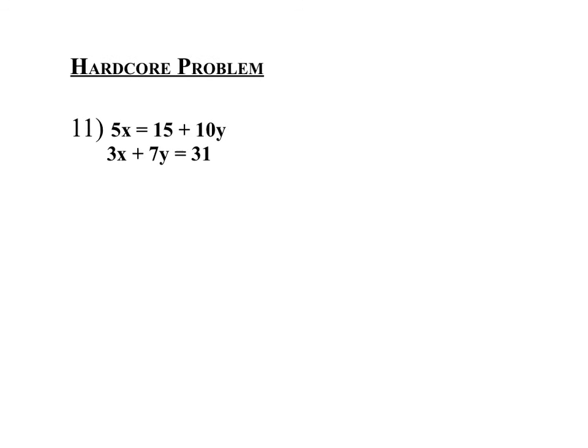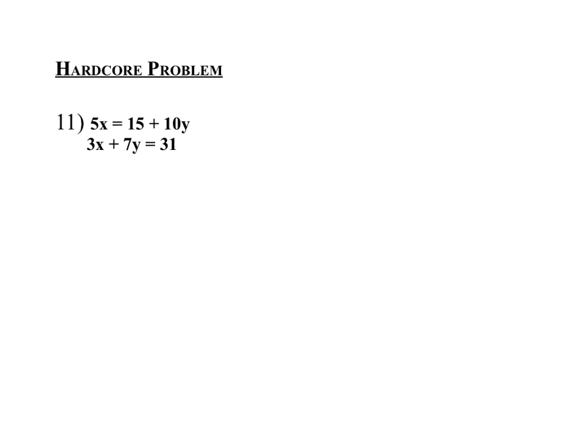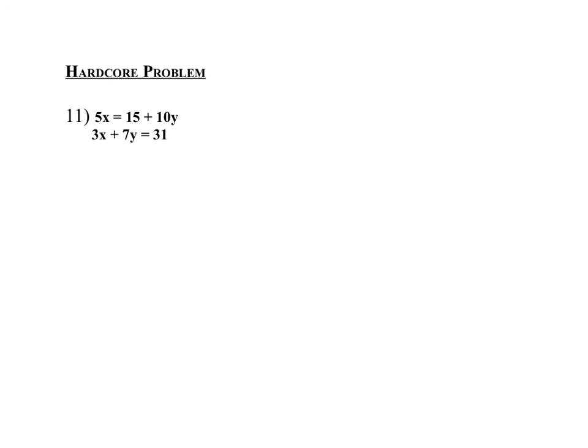This says hardcore problem. Now I'm going to give you an example off to the side, and let's see how you do with this hardcore problem. If I said that one of my equations was 16x equals, because then it'll look like the one we have, let's say 24 plus 8y.